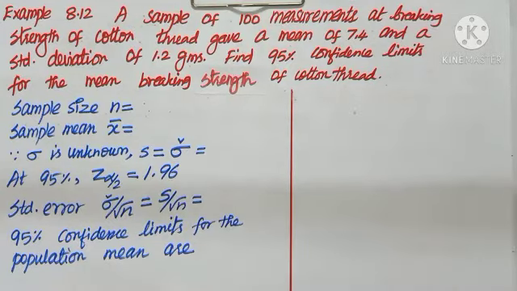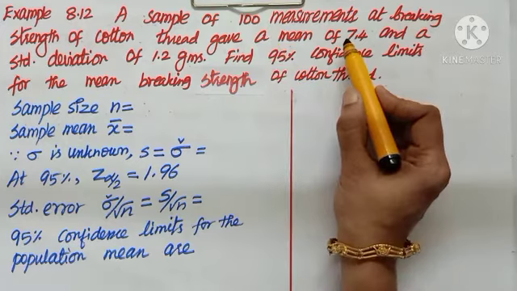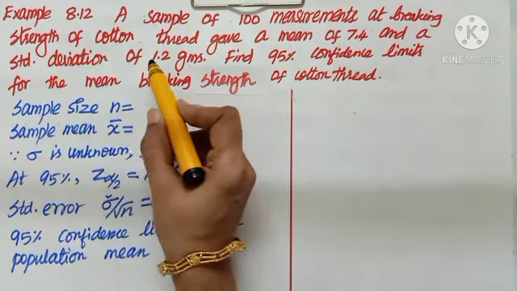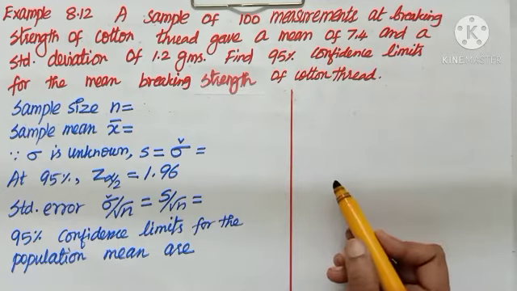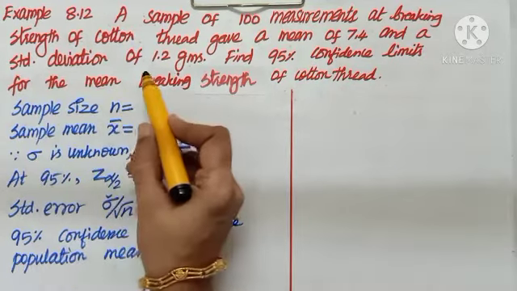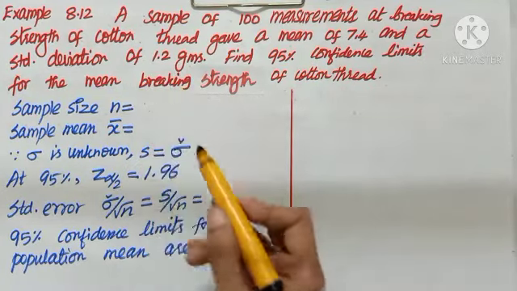Example 8.12, we are discussing confidence interval. Almost all the examples are of the same pattern under this section. So let us see one such example. A sample of 100 measurements of breaking strength of cotton thread gave a mean of 7.4 and a standard deviation of 1.2 grams.